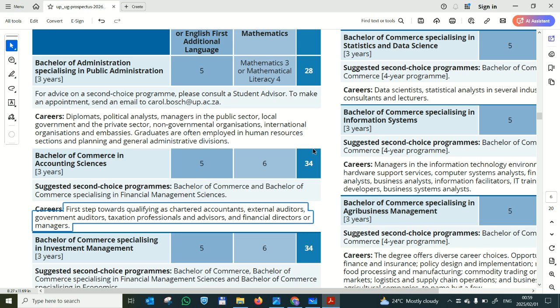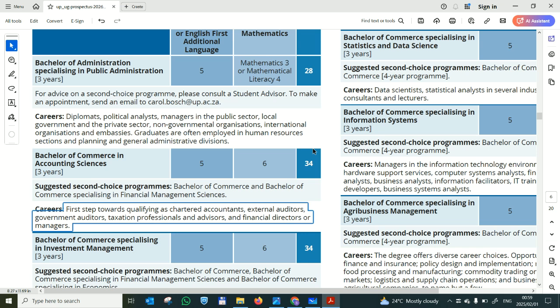If you look at this one, this is a University of Pretoria brochure. I'm just going to make an example. As I'm going to be teaching accounting, I'm going to focus on accounting careers. So we're going to look into Bachelor of Commerce in Accounting Sciences. They explain that it is the first step towards qualifying as a chartered accountant.